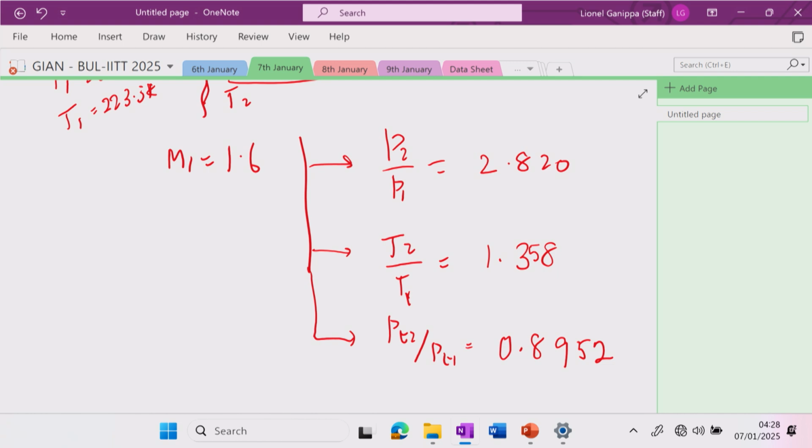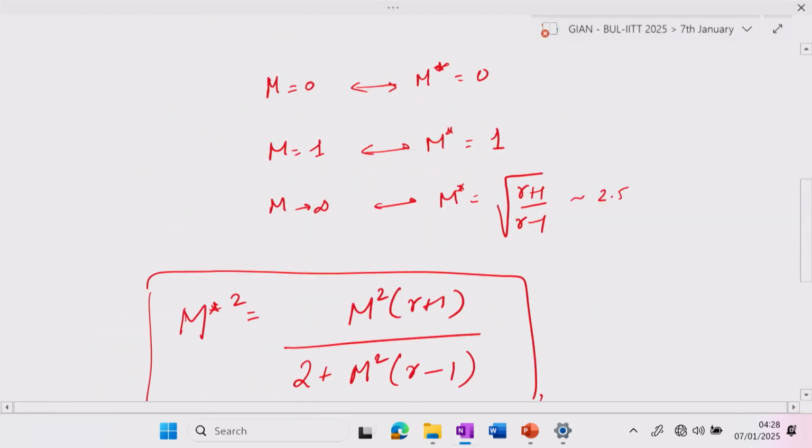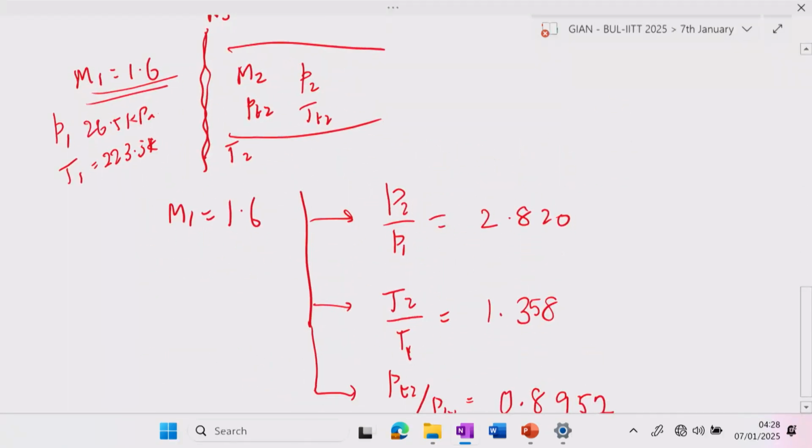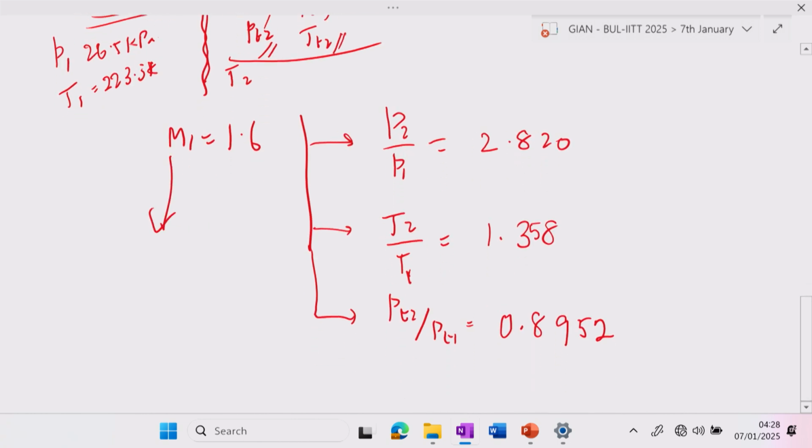Now, once you know these parameters, then you should be able to calculate the pressure PT2, P2, TT2 and M2. Directly you can read the Mach number after the shock. It has to be a subsonic value. What is the value? 0.6684.